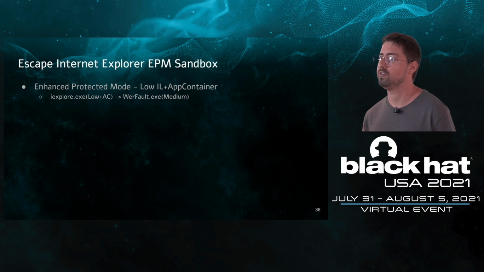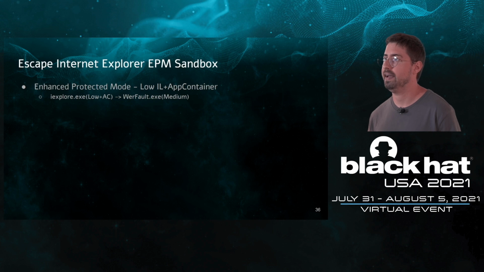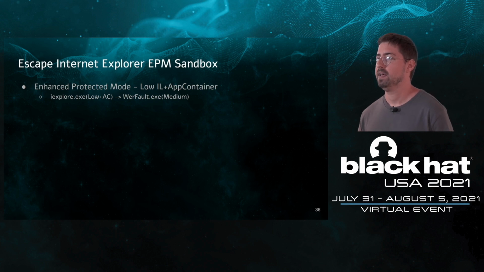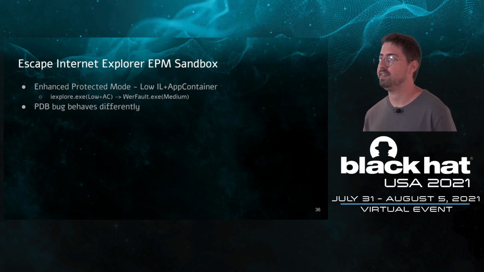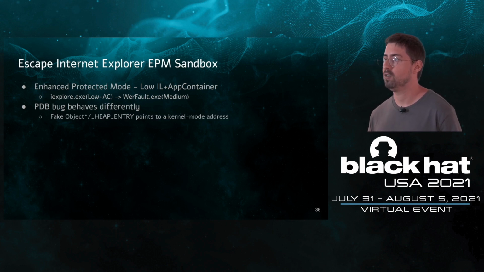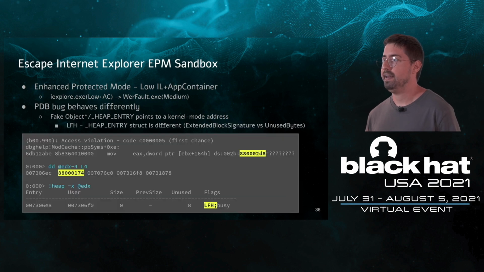So my plan was to run my code in that renderer process, crash it, and exploit the bug the same way. But I found out that the PDB bug behaves differently in that context, and that the fake object pointer, or lower part of the heap entry, points to a kernel mode address rather than a very low user mode address. And after some debugging, I figured out why.